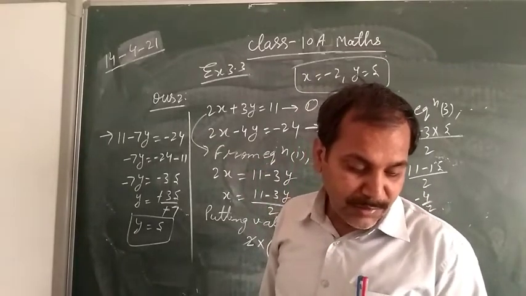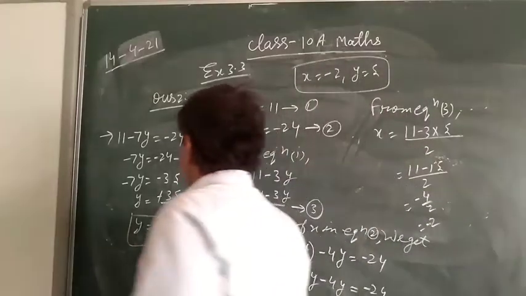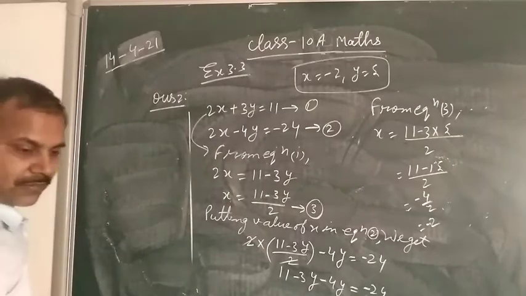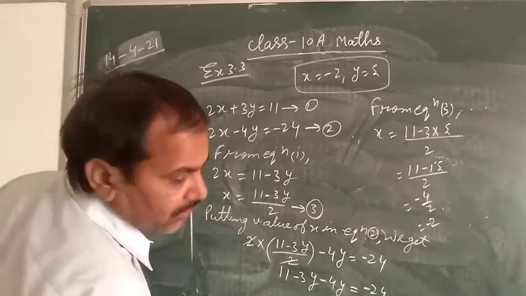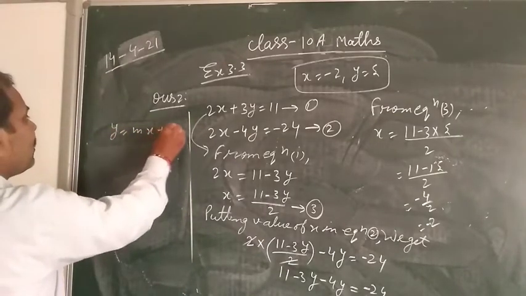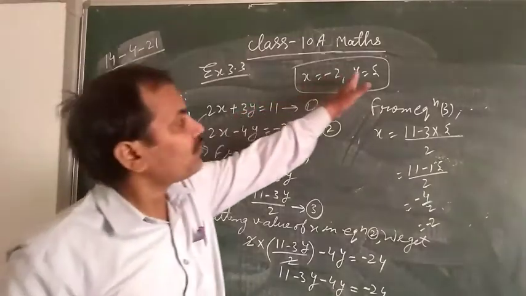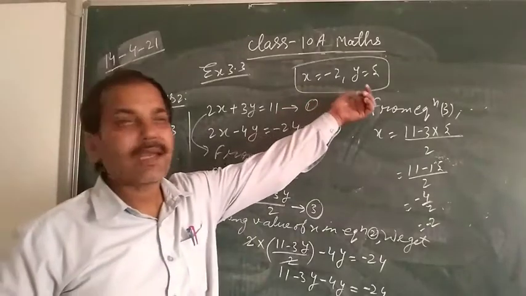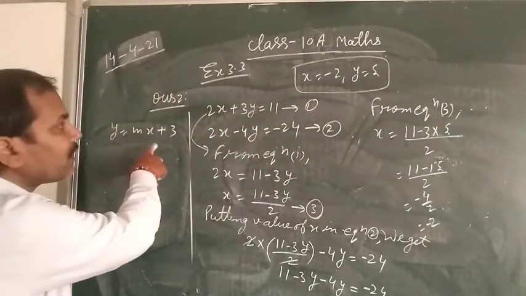And hence find the value of m for which y is equal to mx plus 3. So x and y values we obtain after solving these equations, then putting the x and y values here, by that we will find the m value.